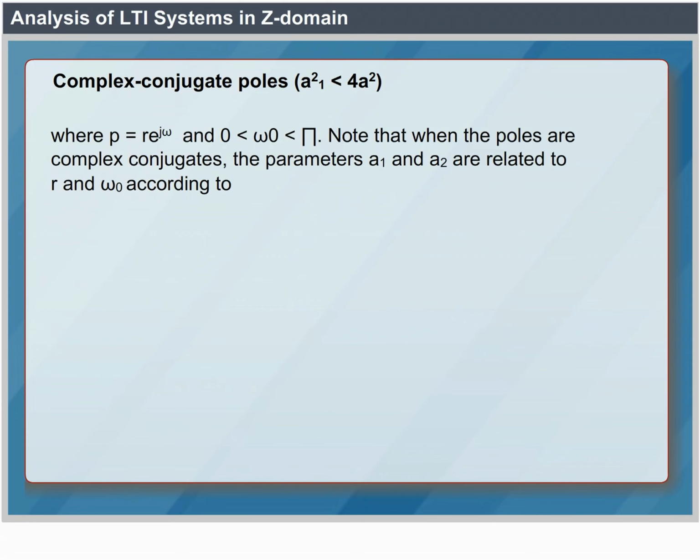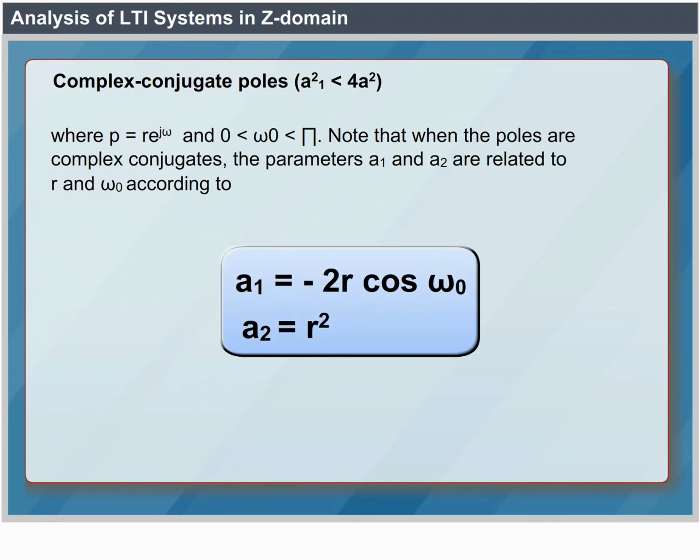Note that when the poles are complex conjugates, the parameters a1 and a2 are related to r and omega naught according to a1 equal to minus 2r cos omega naught, a2 equal to r square.